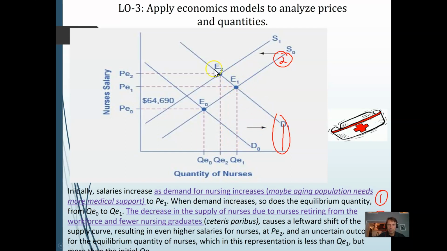Then we had a shift in supply that moved us to E2. And the reason they've given us in this specific case is there's a decrease in the supply of nurses, maybe because there were a lot of older nurses who are retiring, maybe because they're afraid of catching COVID, so people aren't going into that field.